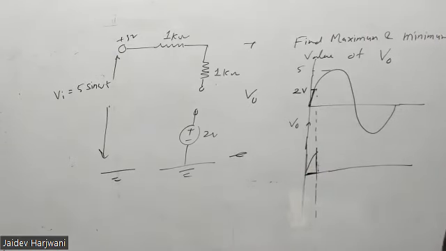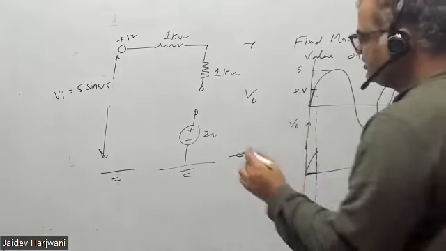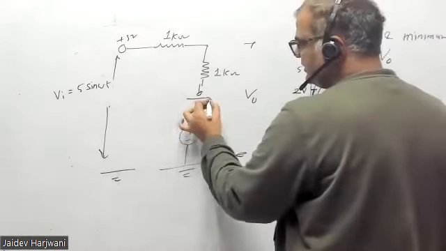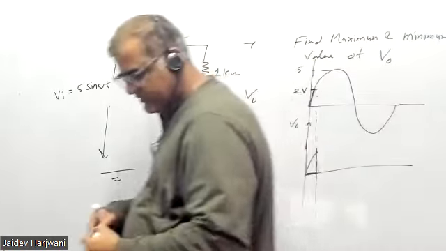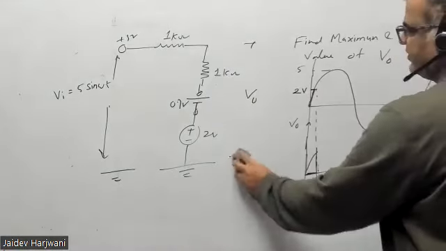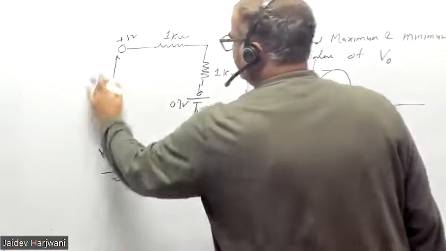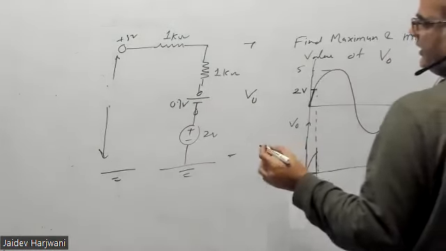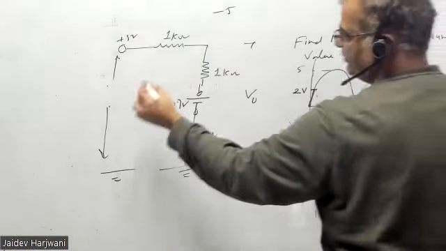Now tell me what will happen when it is conducting. When it is conducting, this becomes 0.7. Let us find the maximum value. Here is coming, say, 5. This is a plus and this is a minus, because it's a sine wave.